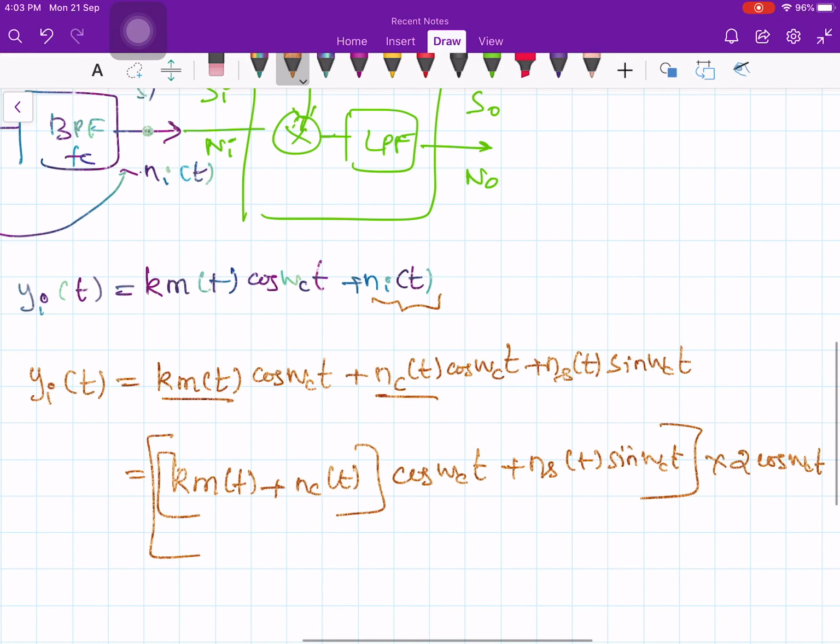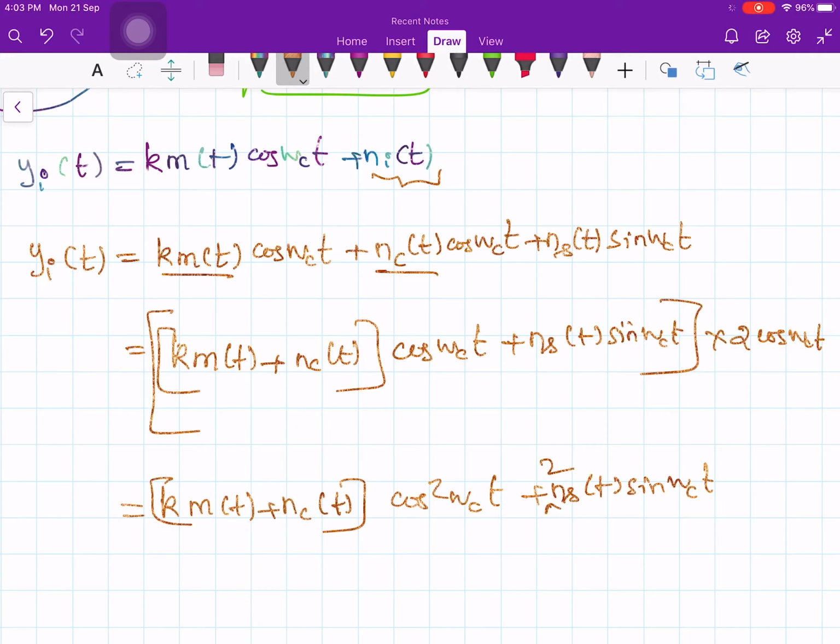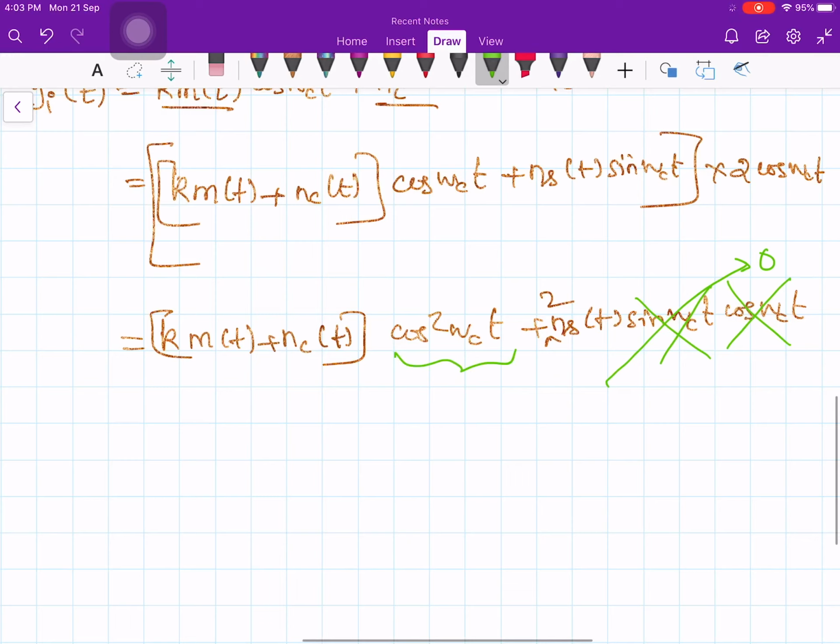Now cos and cos becomes cos square: k times m of t plus nc of t multiplied by cos square omega ct, plus 2 times ns of t sin omega ct cos omega ct. This cos term and sin term are orthogonal, so this leads to 0, and cos square you can write as 1 plus cos 2 omega ct, divided by 2.